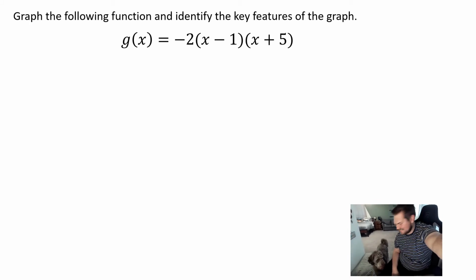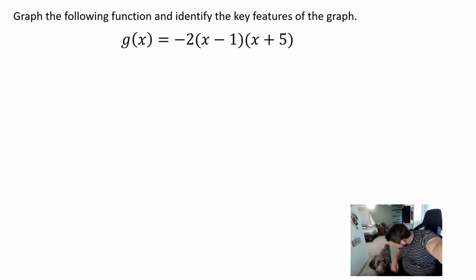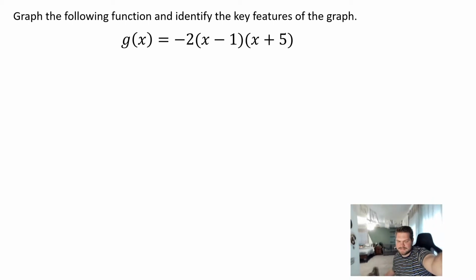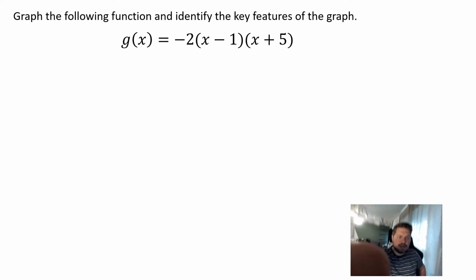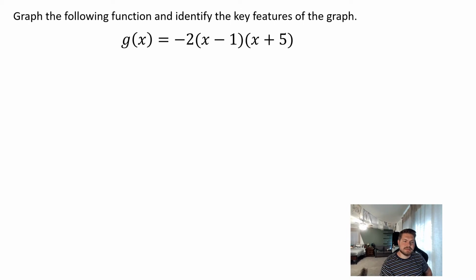You could multiply that out and do certain stuff similar, but I actually think it's easier to solve when it's this way. And you're going to see later on in our practice book, we're going to be turning certain equations to look more like this because it's so much easier to get our key features, so to speak.